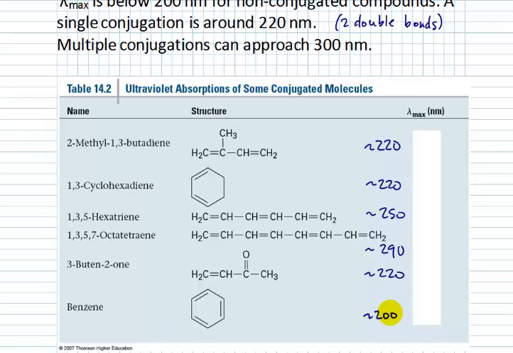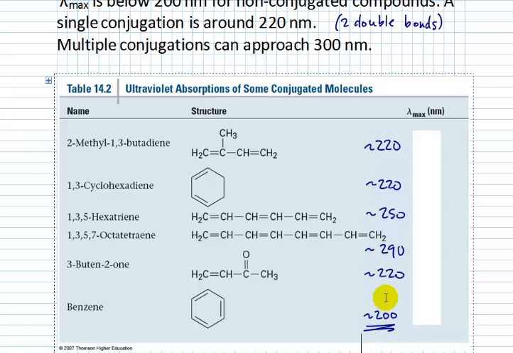It's like they're not conjugated at all, but we'll see. We'll hold this thought and come back to it when we study benzene in the next chapter, because we'll draw its molecular orbital diagram, and it'll make more sense why this is low, pretty much like just 1 double bond would be.